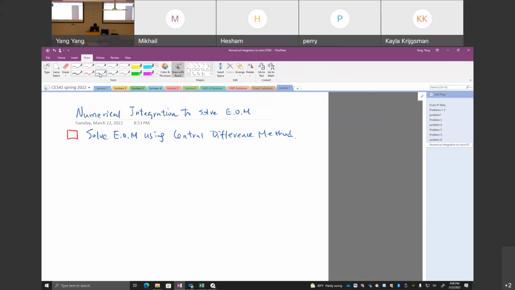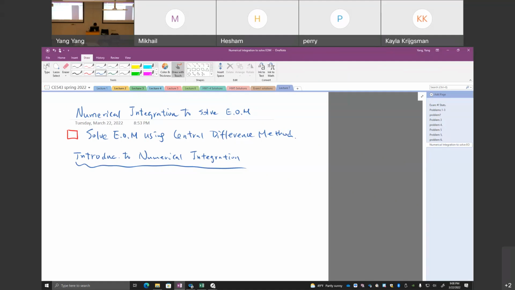The first thing I'd like to introduce to you is numerical integration. So what is numerical integration? When we talk about numerical, we talk about using computers to do calculations instead of hand calculations.